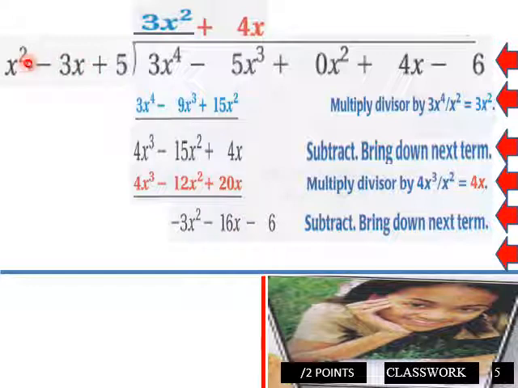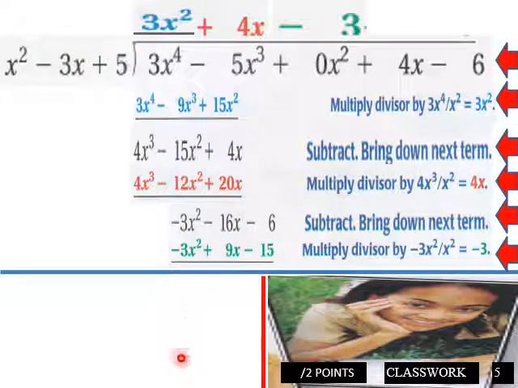Okay, so when we divide this into this, times what would we use in our quotient up here? It would be negative 3. So negative 3 times our divisor, we multiply this times this, and then we get this here, negative 3x squared plus negative 3 times 3x, which is positive 9x, and negative 3 times 5 is negative 15.